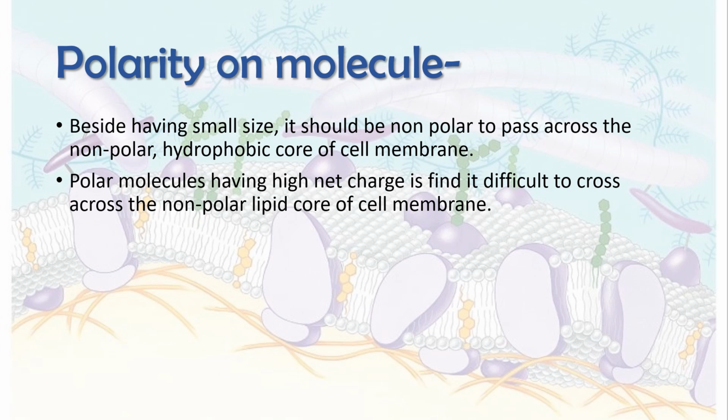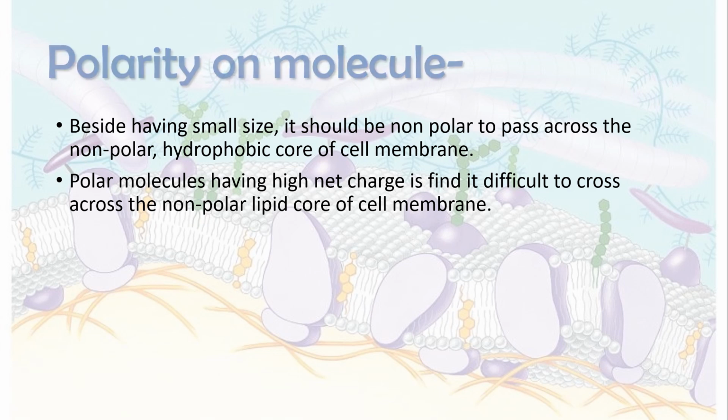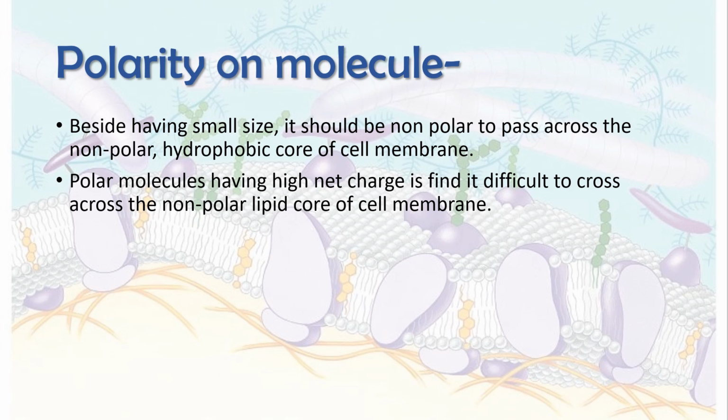So the second factor is polarity or charge on the molecule. Besides having small size, it should be non-polar to pass across the non-polar or hydrophobic core of the cell membrane. So if the molecule is small, it doesn't mean it can easily cross the cell membrane. It should be non-polar, meaning it should not have any kind of charge on it.